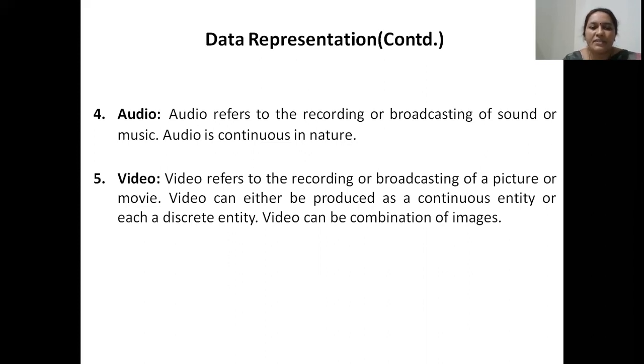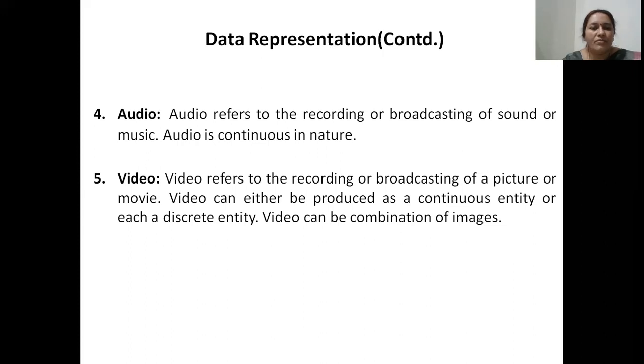It can be represented using analog signals or digital signals. So for best quality, digital signals or discrete signals are desirable so that the video will be of high quality. So this is how the 5 different types of data, the text, numbers, images, audio, and video are represented on a computer network.